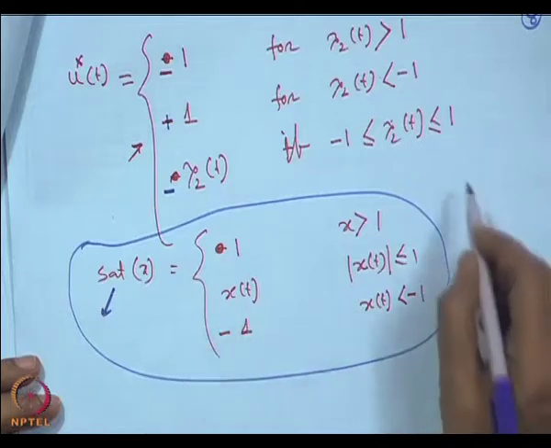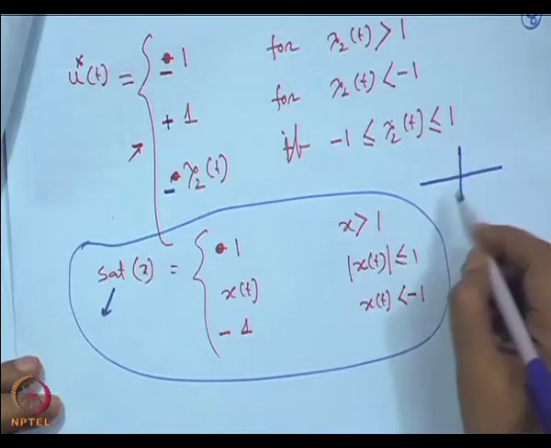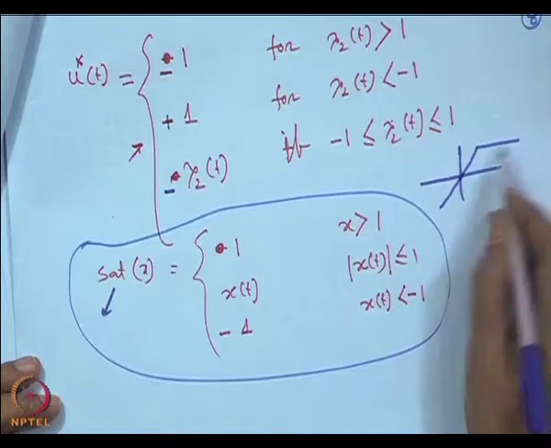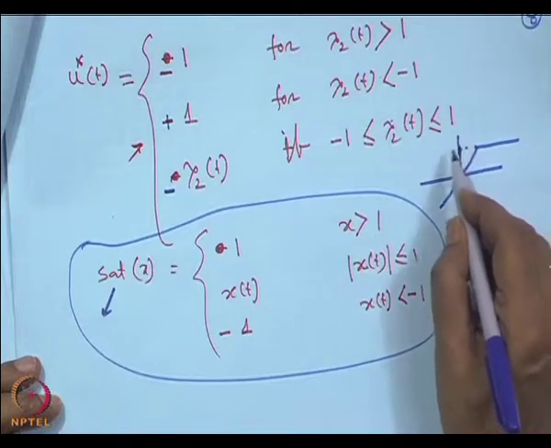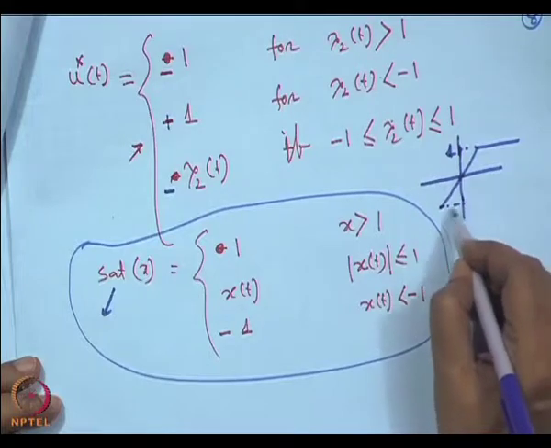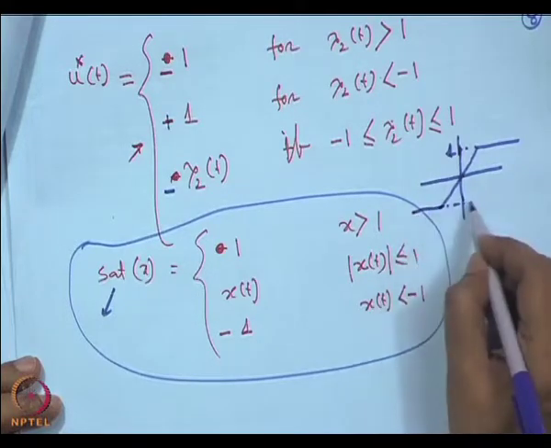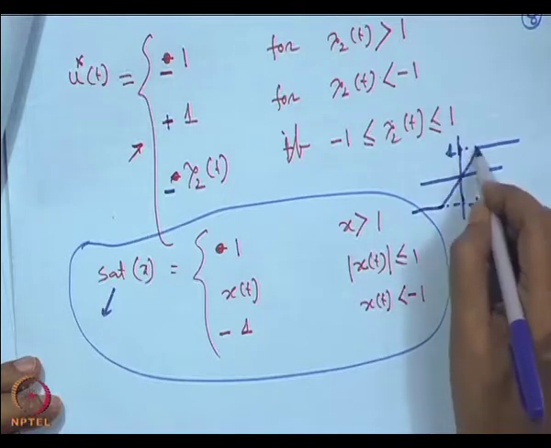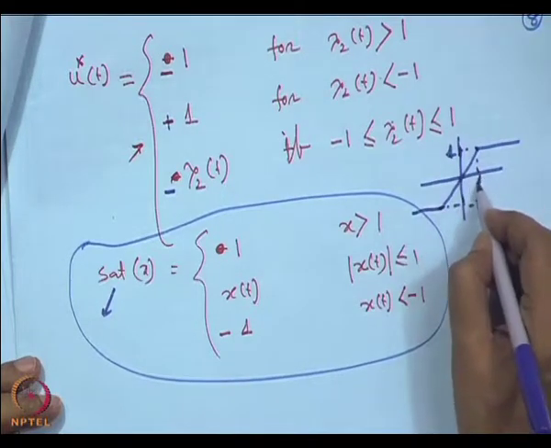That is the set function, nothing but this type of function, a saturation function. This is 1 and this is -1, and when this is also 1, slope is 1.